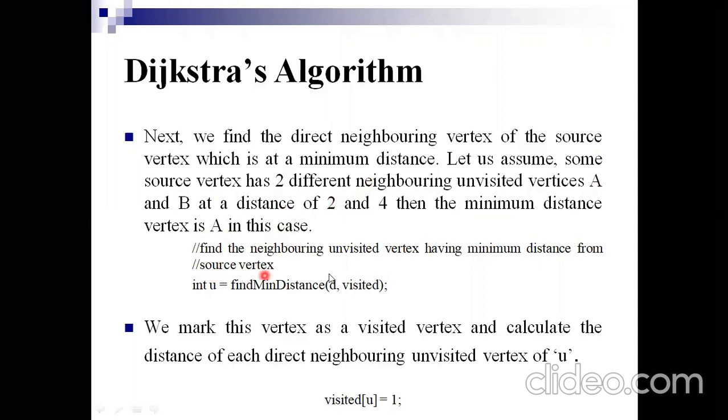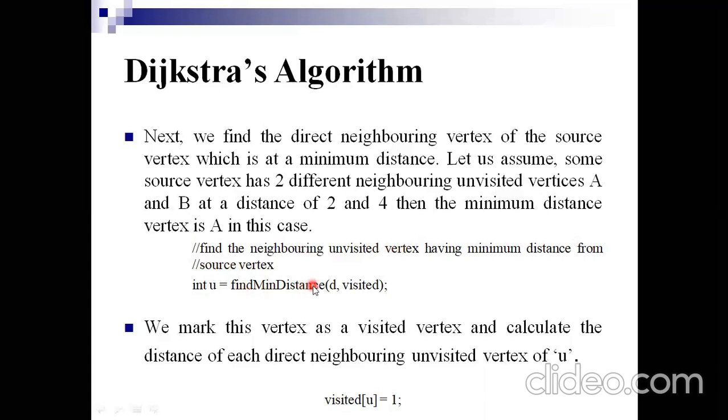So I'll have to now call one method so called as find minimum distance, wherein what is this find minimum distance doing? It finds the neighboring unvisited vertex which has the minimum distance from the source vertex. So how does it find?